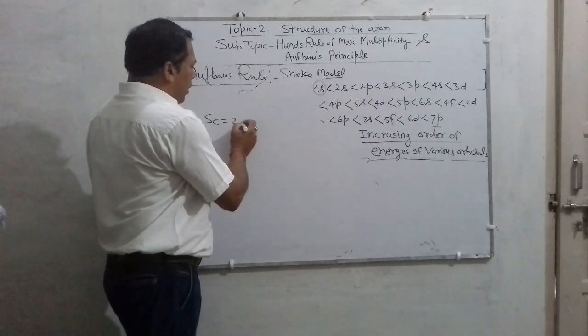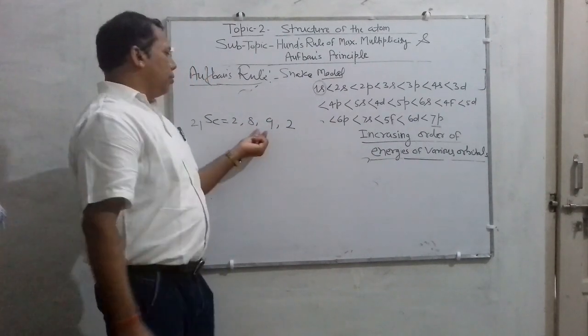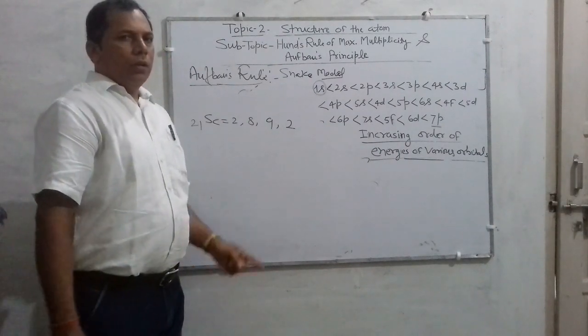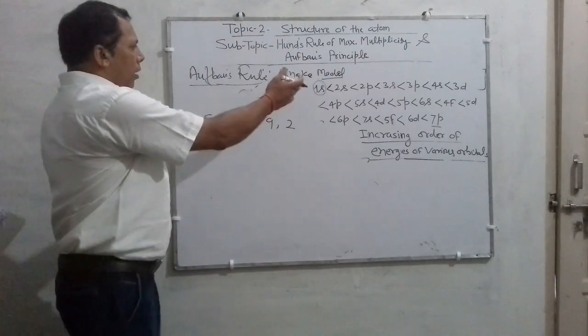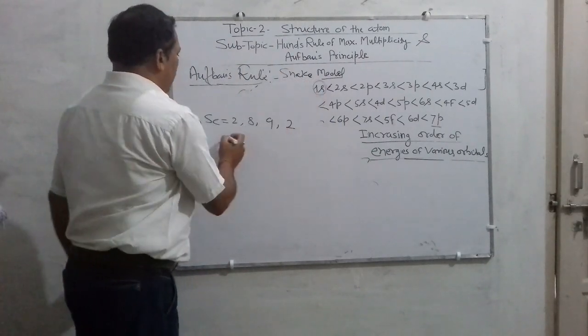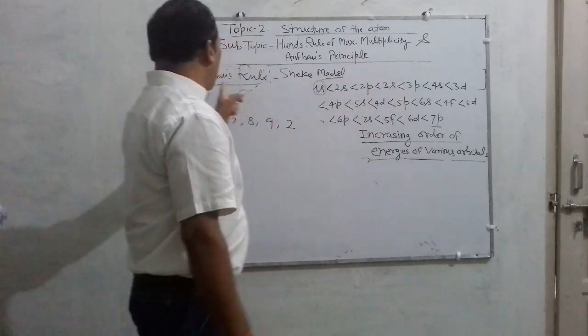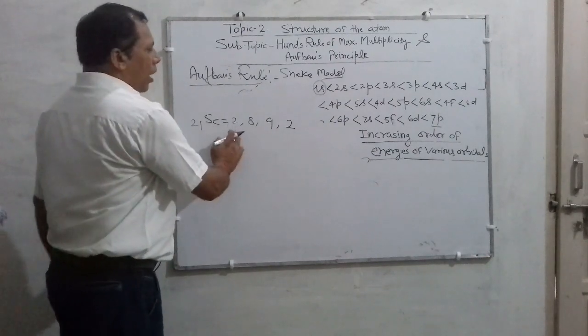As you know, according to Bohr and Bury, its distribution of electrons is 2, 8, 9, 2. Follow this increasing order of energy, or the Aufbau principle, and you can write it as such.